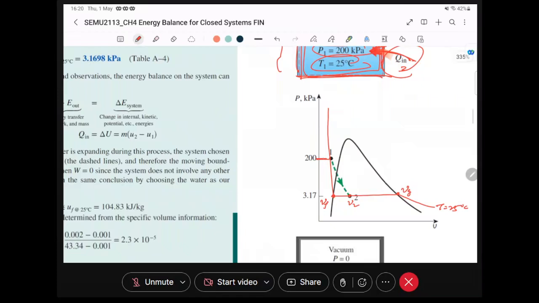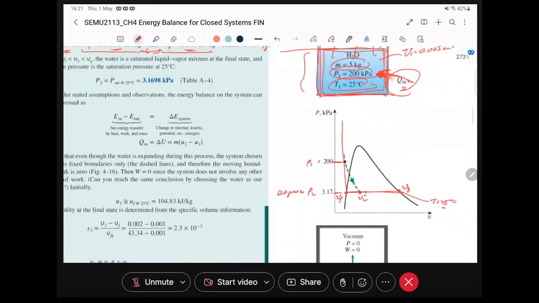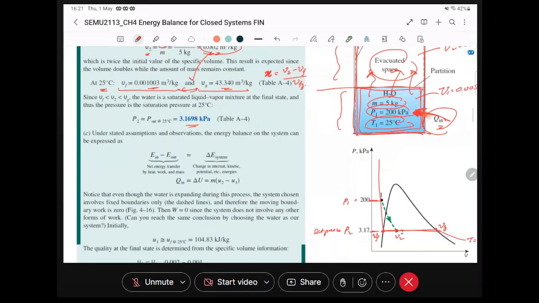This is P1, so we want to know how much P2 is. Because it's a saturated mixture, it's much easier. We just have to refer to the saturated pressure for this temperature, which according to the table, you should find is the saturated pressure. So this is the mixture pressure at state number 2. That's how we find the pressure.